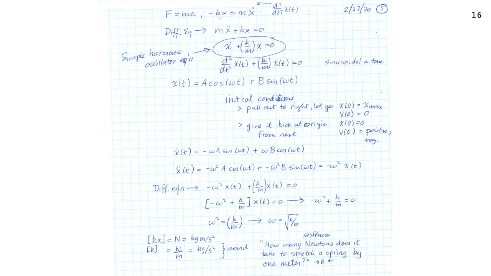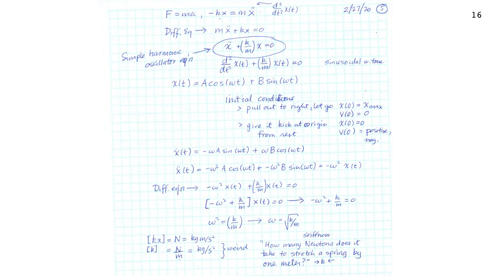Now let's take a look. Let's differentiate this. X prime of t, or x dot of t, is equal to, cosine's derivative is a minus sine. I always have to think it over.